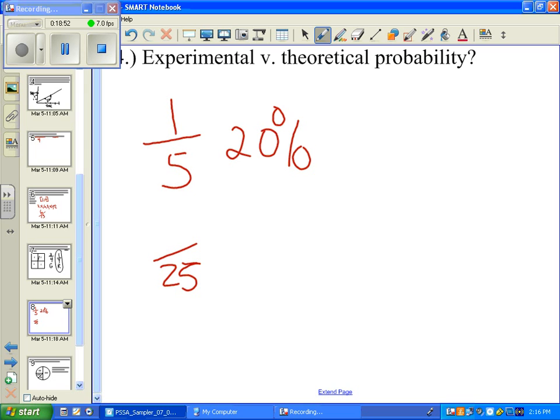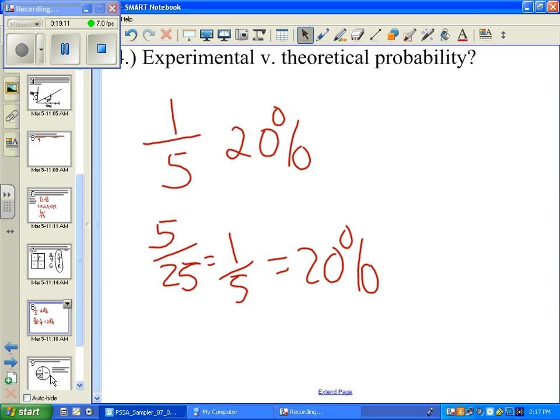M was chosen, let's see, 5 times. And that 5 times would equal 1/5. And that 1/5 equals 20% of the time M was chosen. So in this case, the experimental probability and our theoretical probability match.